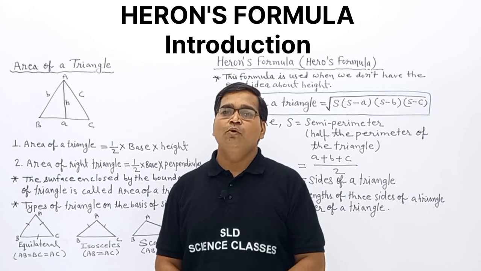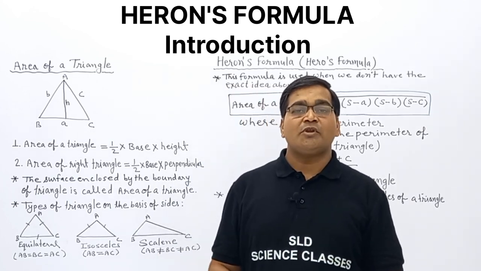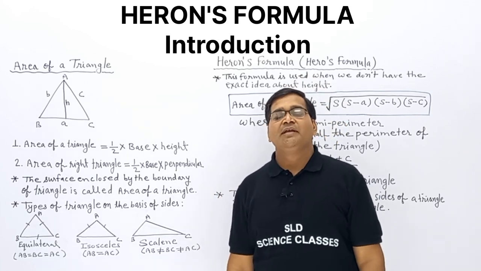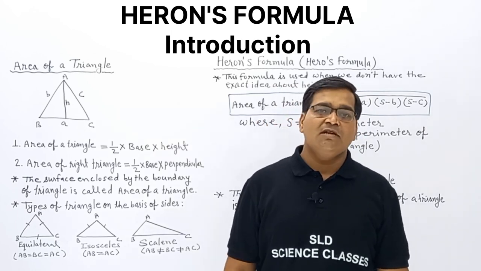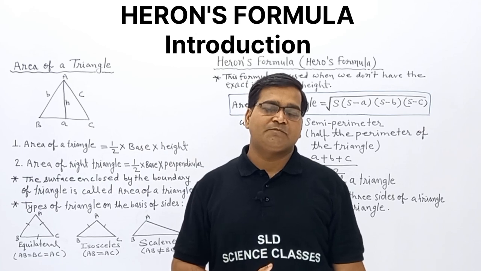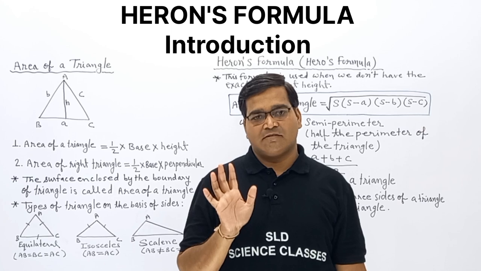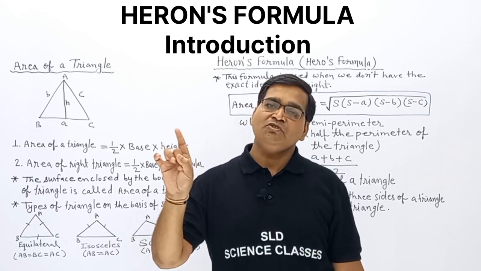First, to find the area of a triangle, we should know what a triangle is. A triangle has three sides and three angles.